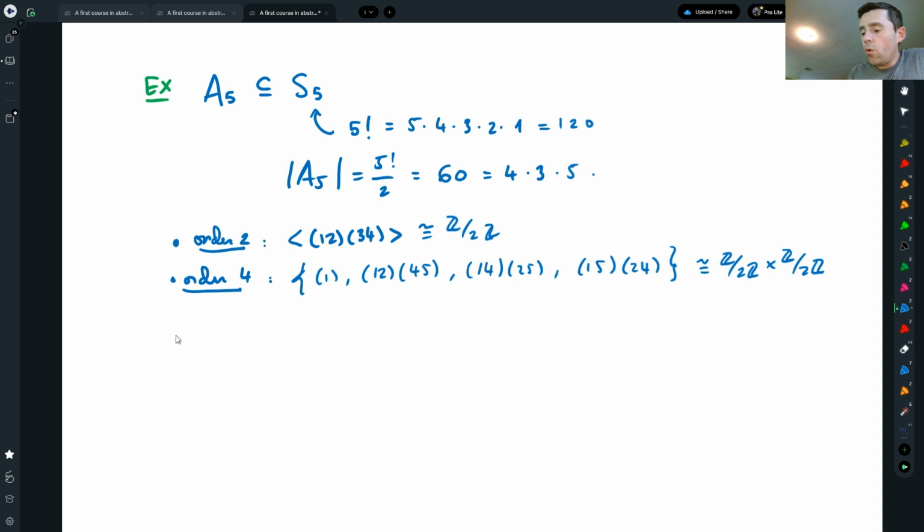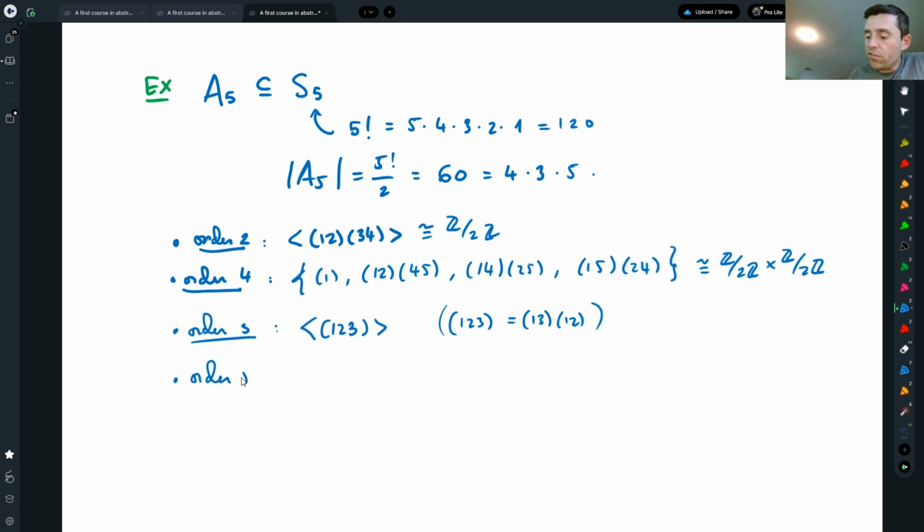Okay, so now how about a subgroup of order 3? For order 3, I can pick the subgroup generated by (1 2 3), because (1 2 3) is (1 3)(1 2), so it is in A5. So that is a subgroup of order 3, perfect. And how about a subgroup of order 5? For example, I can take (1 2 3 4 5).